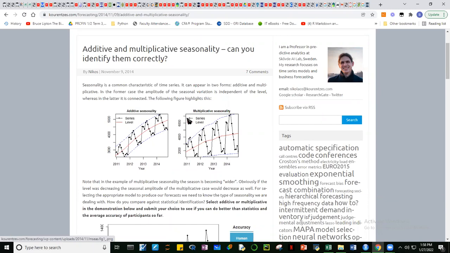Ano siya? Stationary mean variance ba siya, guys? Yes or no? Stationary variance ba siya, class?